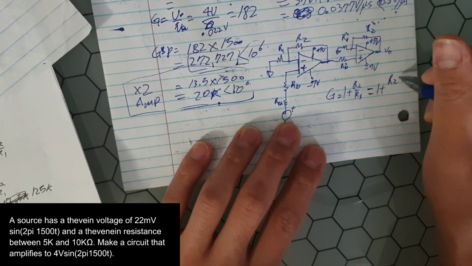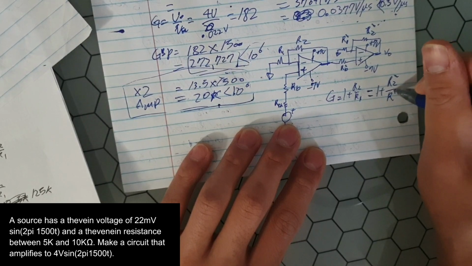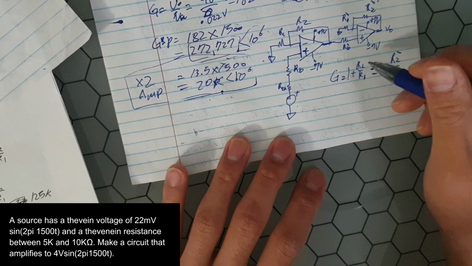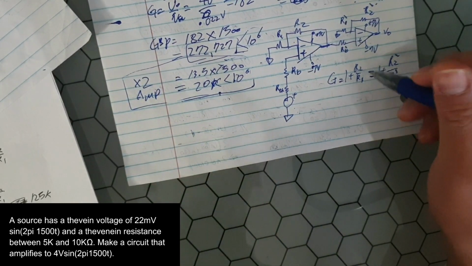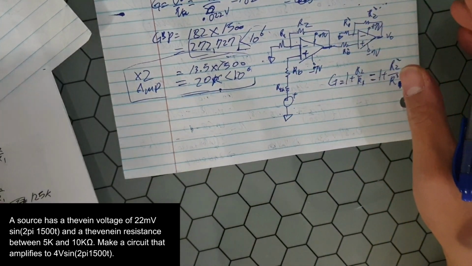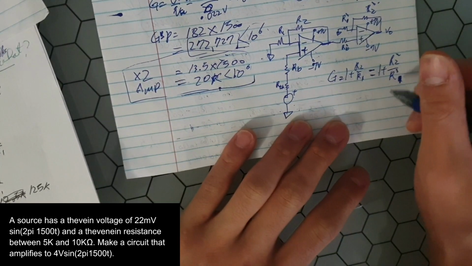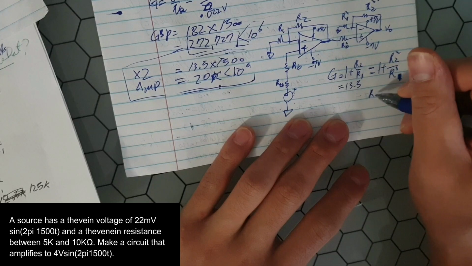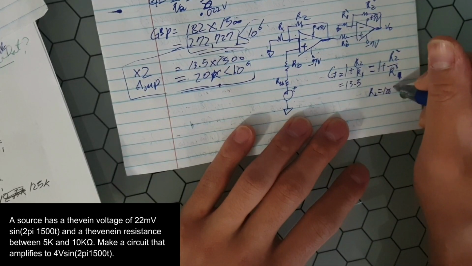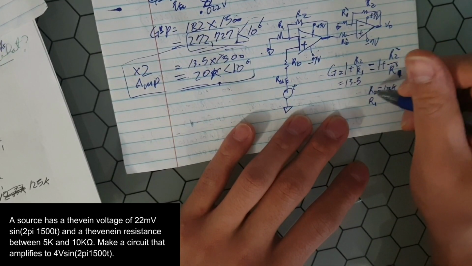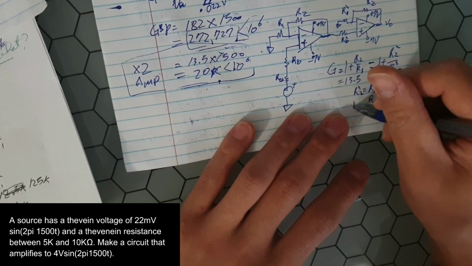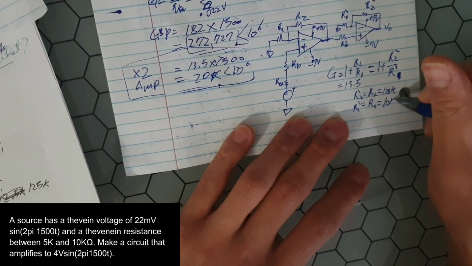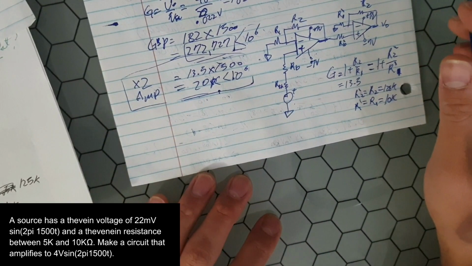So we have R2 prime over R1 prime, and we can just pick values for R2 and R1. Since it has to be 13.5, we can pick something like R2 equal to 125k ohm and R1 equal to 10k.